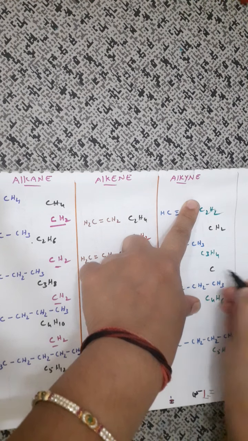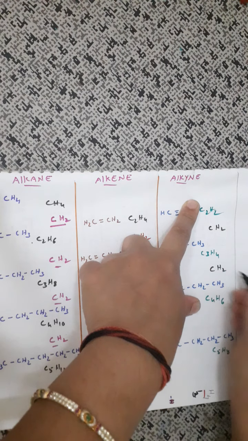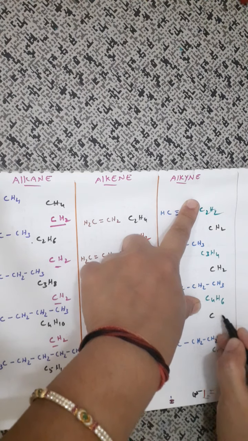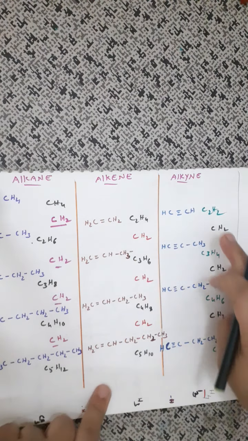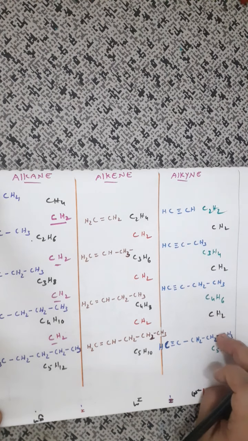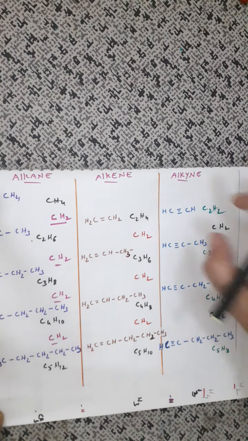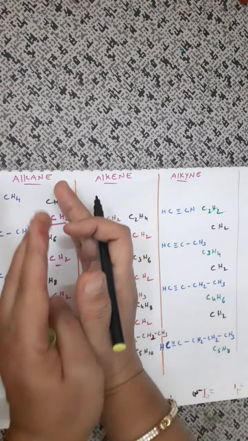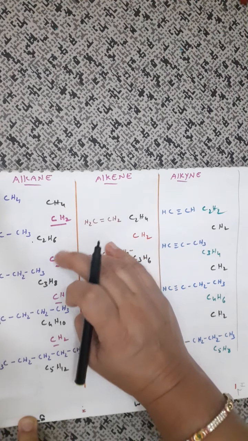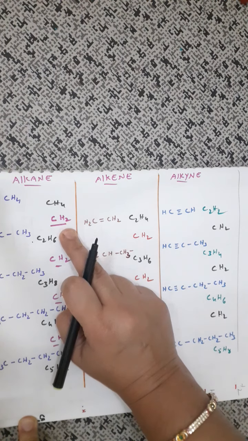Similarly, 4 minus 3, 1. 6 minus 4, 2. Again, 5 minus 4, 1. 8 minus 6, 2. So CH2. So here also the difference in the value is CH2. So what is common between a particular set of hydrocarbons? The successive members differ by CH2.